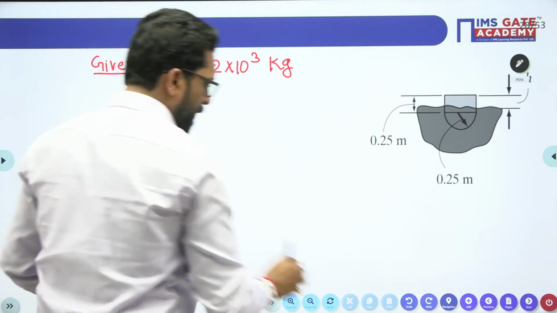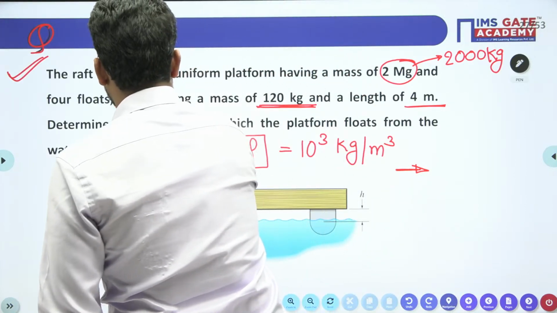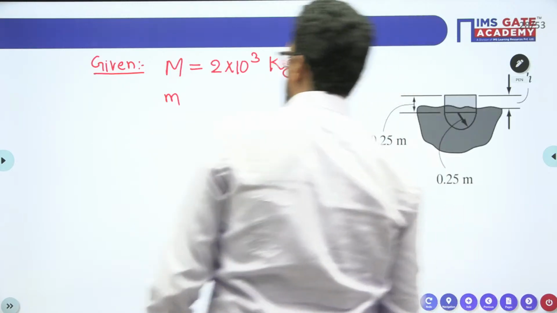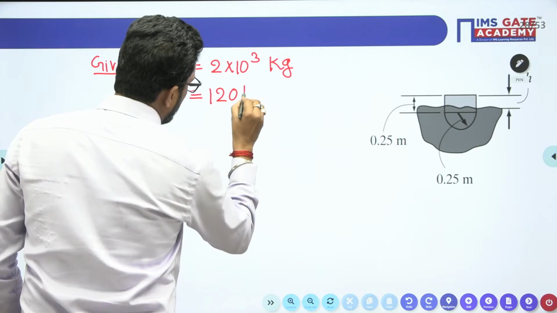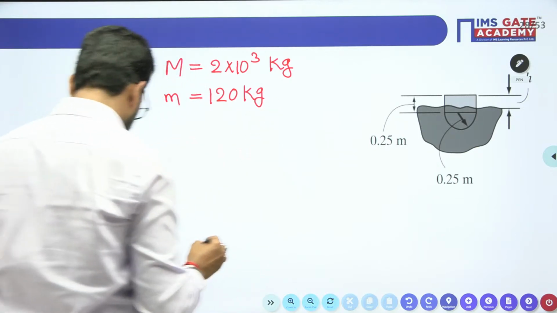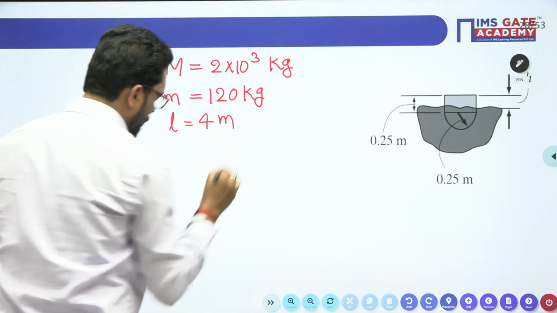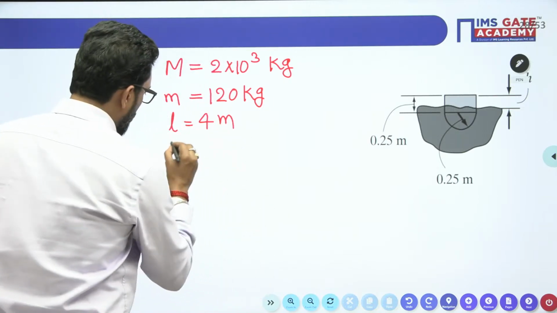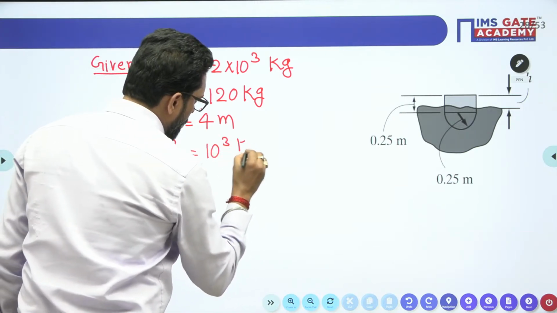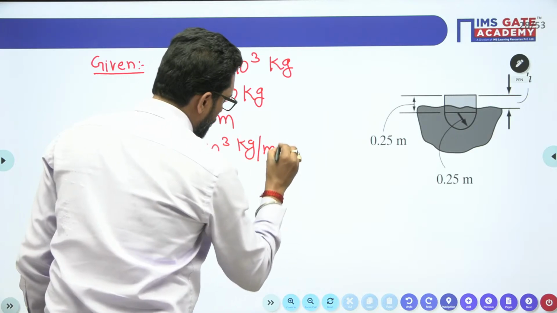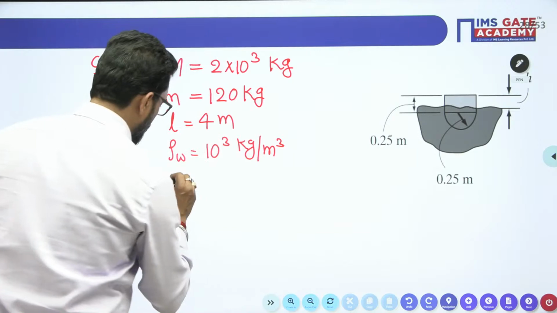Mass of each float is given, this is very important, how much? 120 kg. Okay, no problem at all. Length is given 4 meter. Density of the water is given 10 to the power 3 kg per meter cube, no problem. Right. We have to find H.